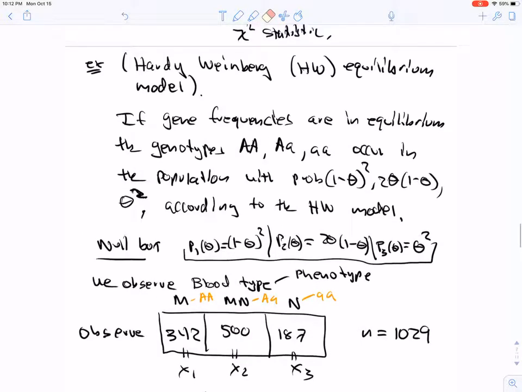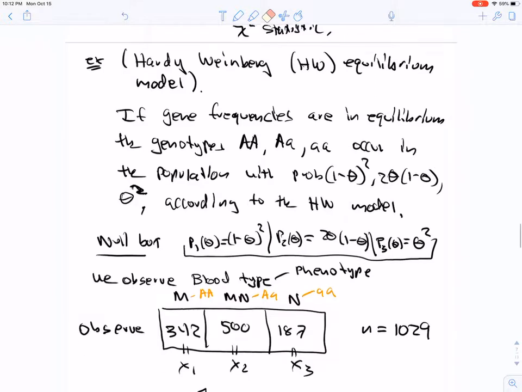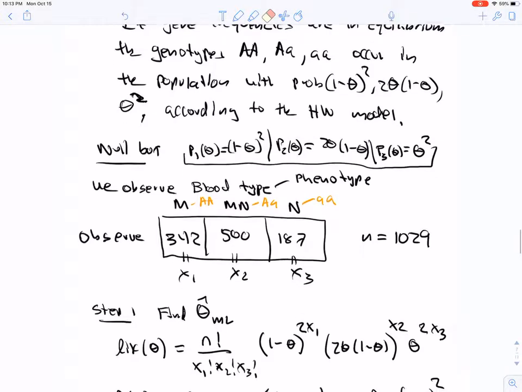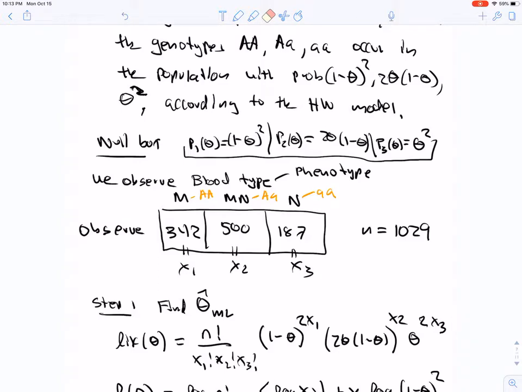So here's a good example to understand. It's called the Hardy-Weinberg equilibrium model. We have a null box now, instead of, let's say, Poisson. We have some other probabilities that are dependent on a single parameter theta. Notice that the probabilities add up to 1, and that's our null box.